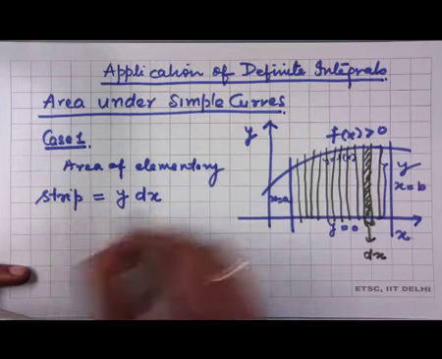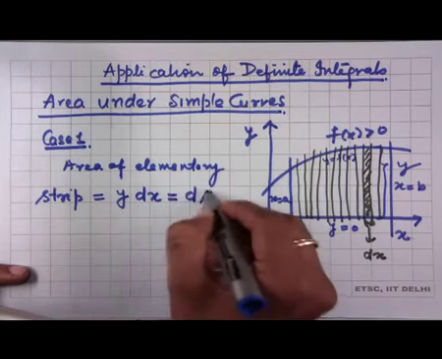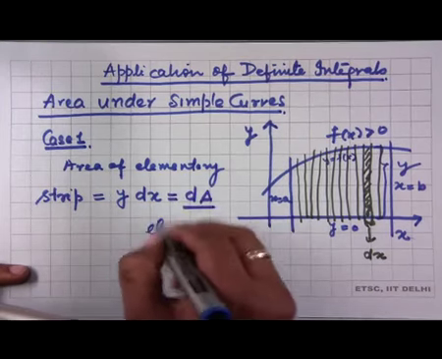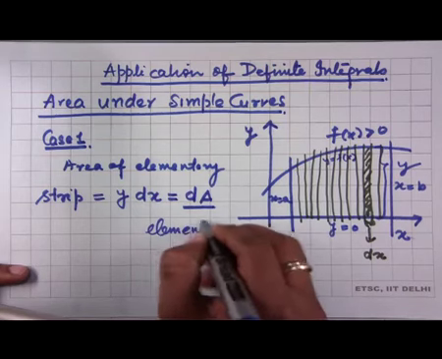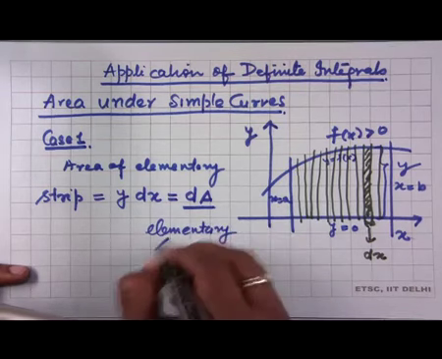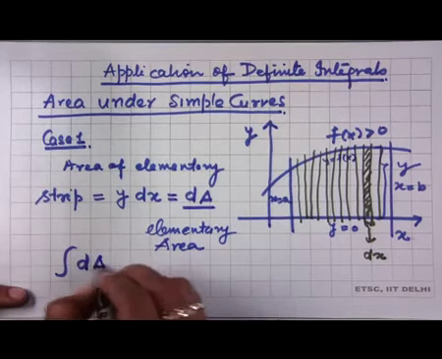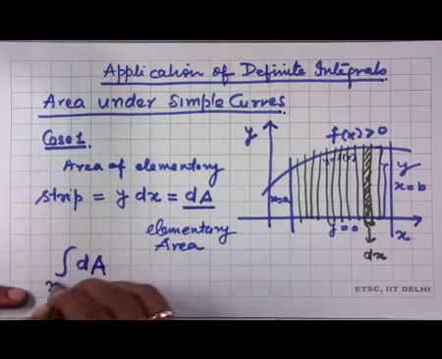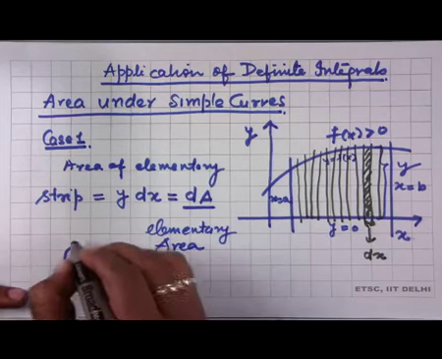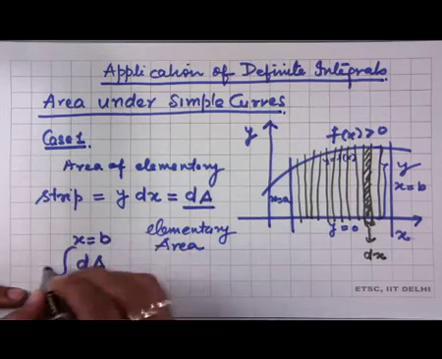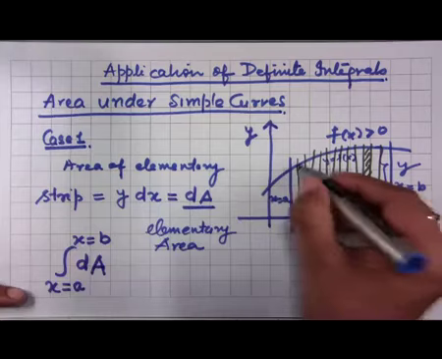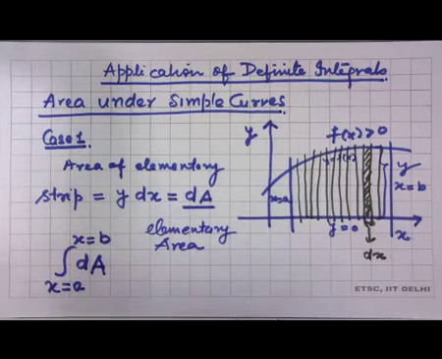Now you have this elementary area dA, dA is elementary area. So if you integrate this dA from x equals to a to x equals to b, it gives you the required area.